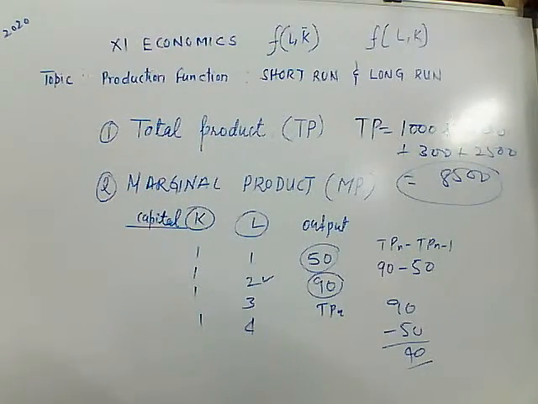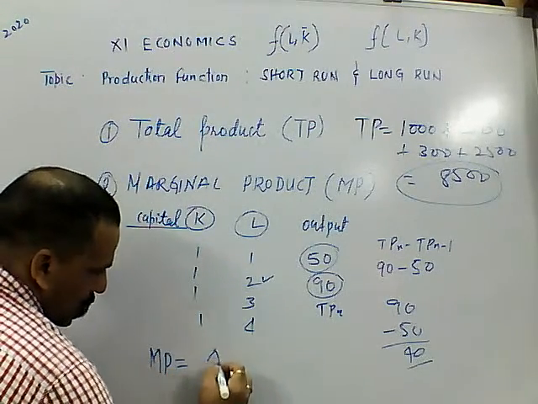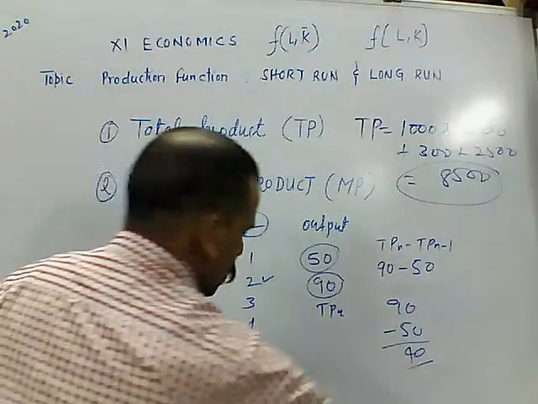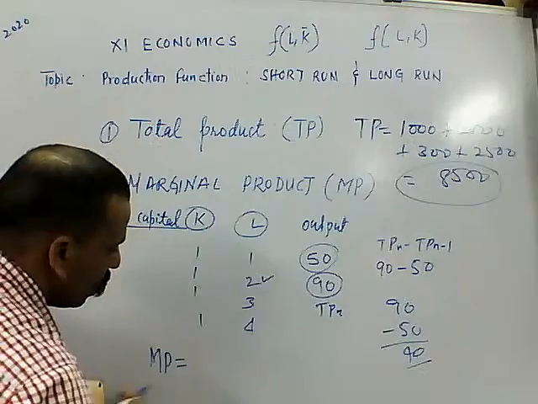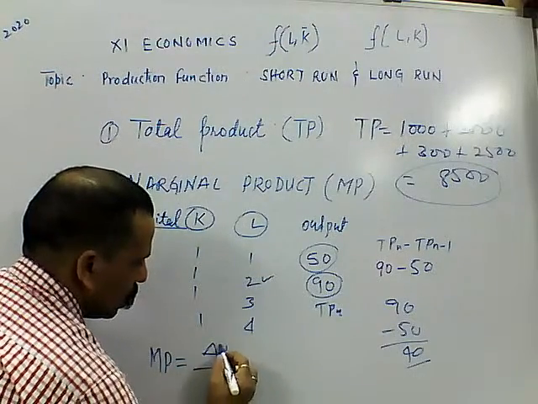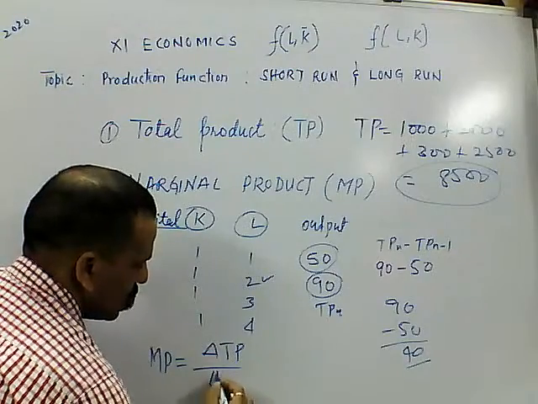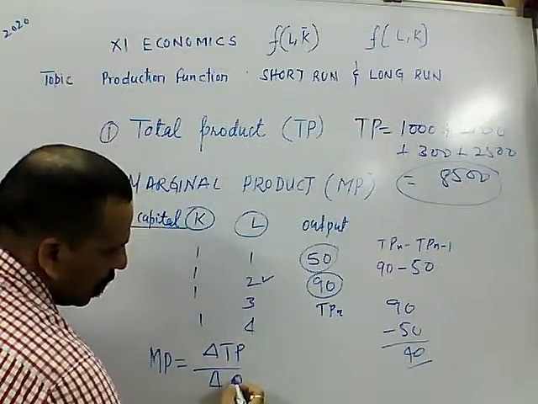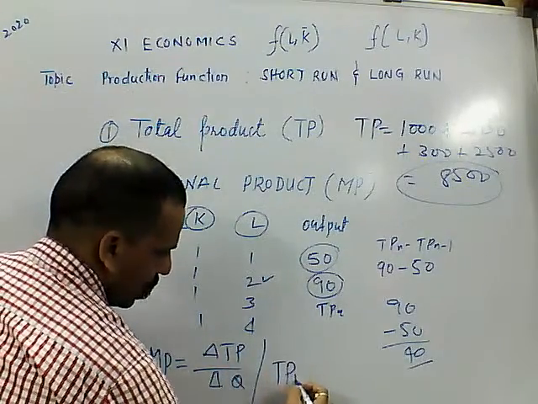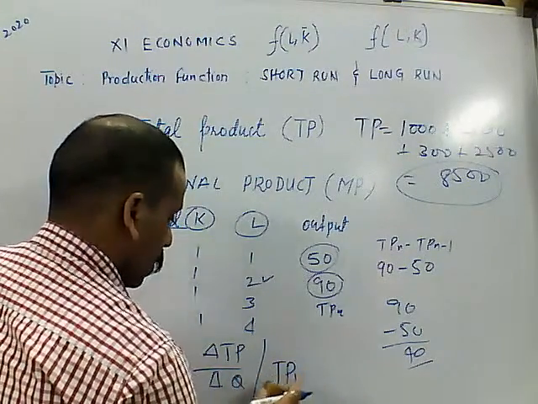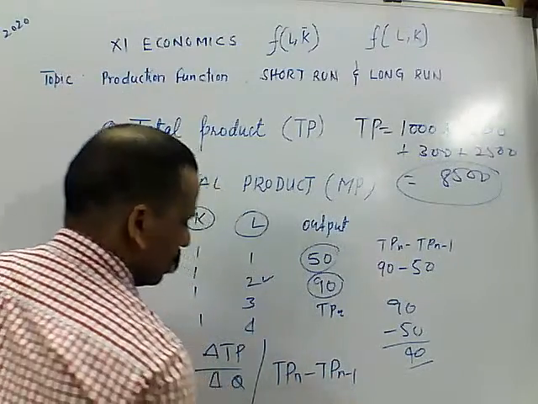The formula of marginal product, MP, is equal to change in total product upon change in labor, or total product n minus total product n minus 1.